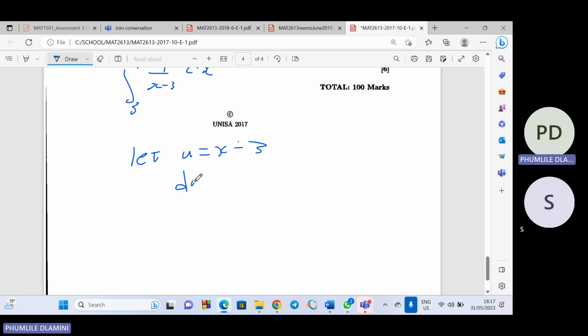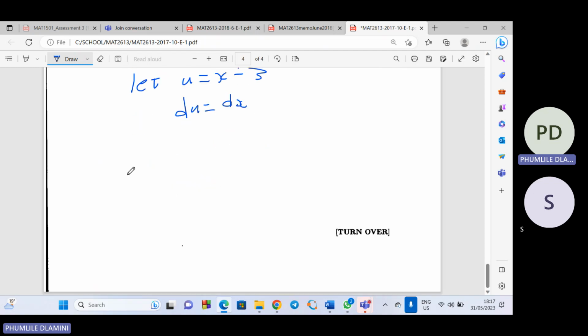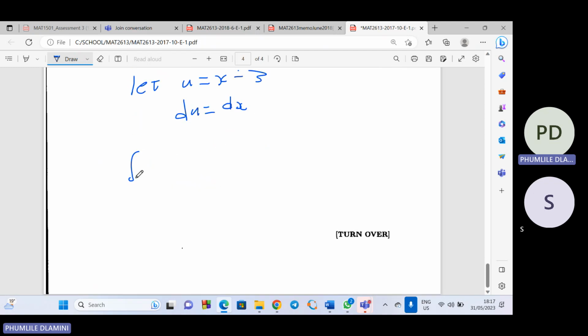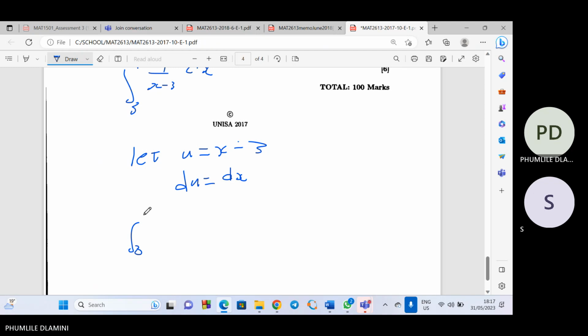Then du is going to be equal to dx. Then we come to this integral from 3 to 4 of 1 over u du.